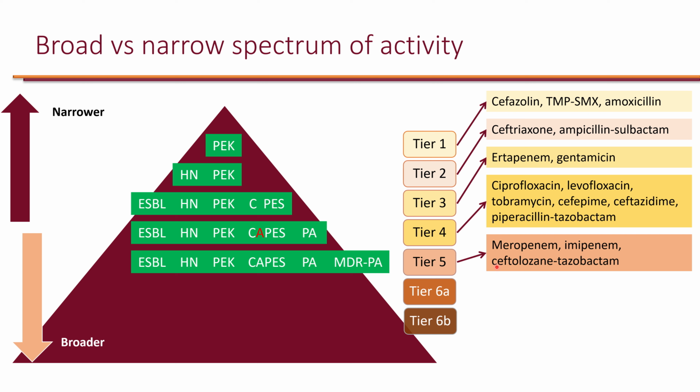And also ceftolozane tazobactam. Ceftolozane tazobactam was specifically designed to have potent activity against multi-drug resistant Pseudomonas. So when Pseudomonas is resistant to drugs in tier 4, that's when these drugs come in. So we don't really want to use these for all Pseudomonas.